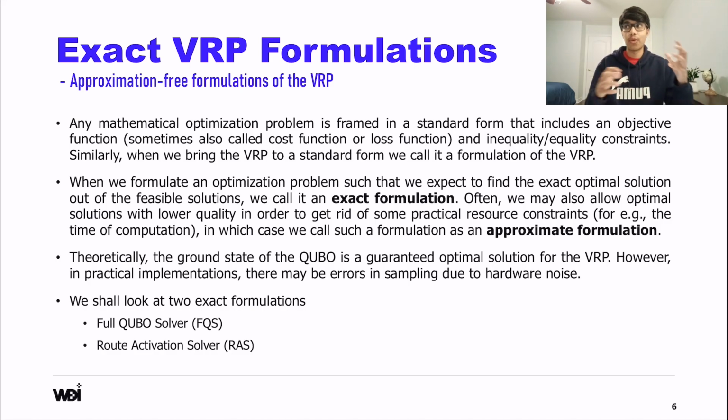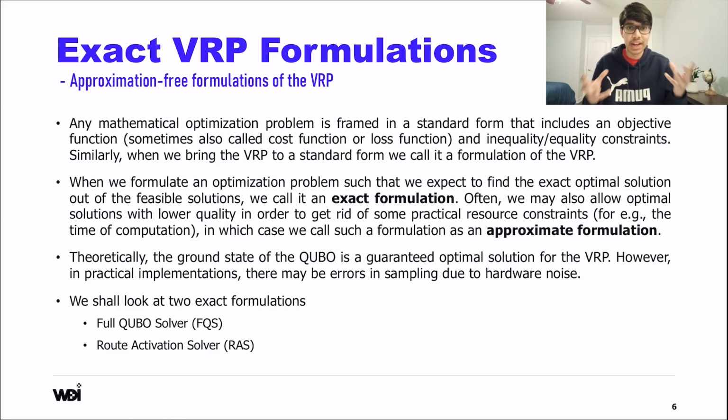And if we formulate our objective function in a way that its minimum is not necessarily the best solution, it's just a really good solution, then we call it an approximate formulation. So theoretically, if we take an exact formulation of our problem and run a quantum computation on it, we should get the best solution.